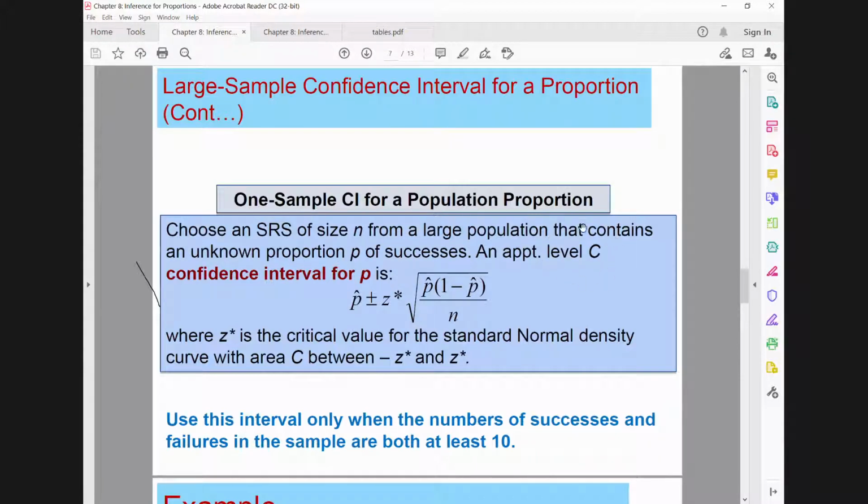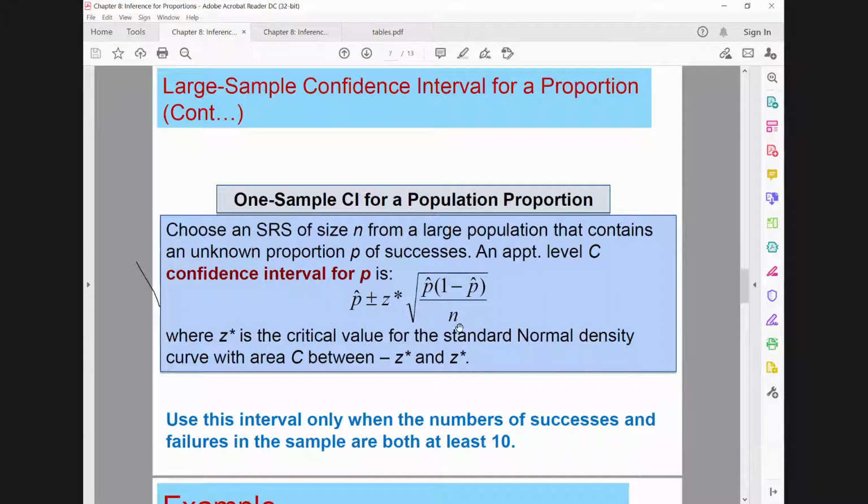To summarize, once we have a sample containing n elements, and once we request the confidence level C, then we are sure p is between p hat minus z star root p hat (1 minus p hat) over n, and p hat plus z star root p hat (1 minus p hat) over n.